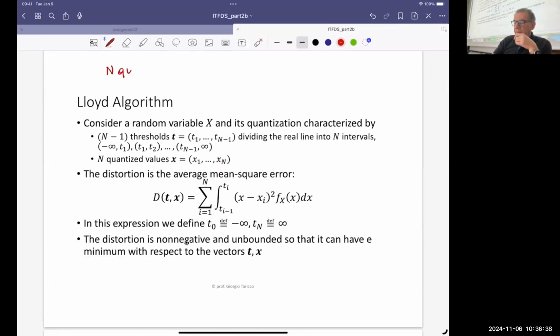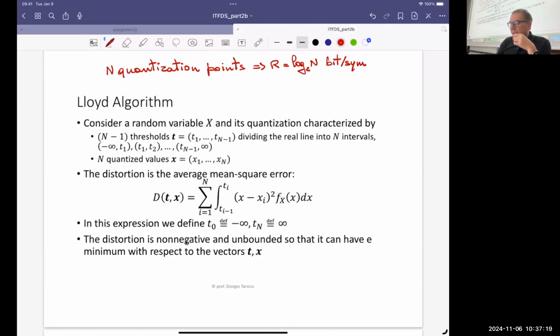N quantization points corresponds to R equal to the logarithm in base 2 of n bits per symbol. So the coding rate of this quantization is the logarithm in base 2 of n.